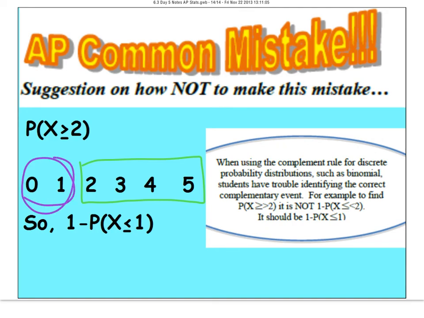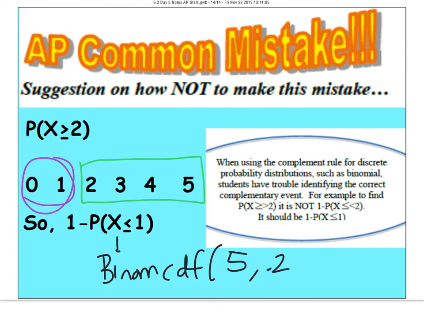So to be clever with that, what we want to find is the probability that x is less than or equal to 1. So for this here would be binomial CDF, because it's cumulative, of 5 trials, 20%, and I want to know from 1. Now it's cumulative, which means it'll be from 1 all the way to 0, so it will find the total of these 2.